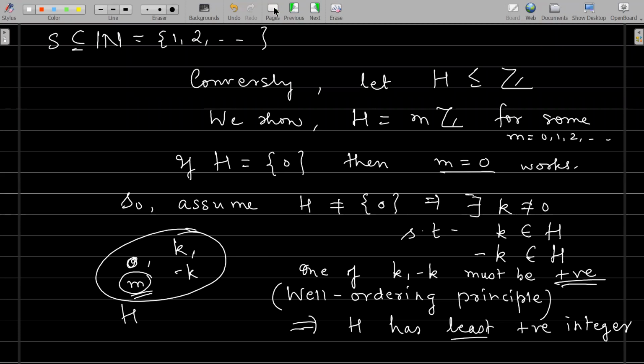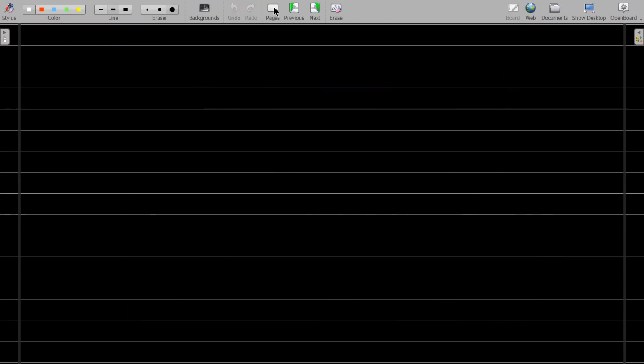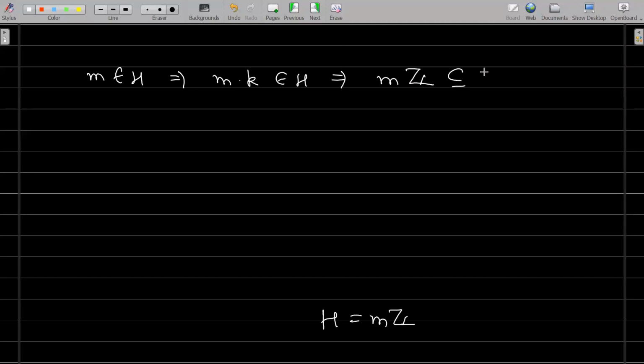Now we want to claim that H is precisely MZ. So H will be MZ. That's what we want. One part is clear. Once M belongs to H, any multiple of M, like M plus M, M plus M plus M, and so on, will again belong to H. So every element of the form MZ is inside H. So I can say MZ is a subset of H. That is one, and this is obvious.